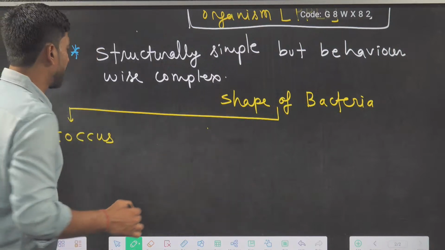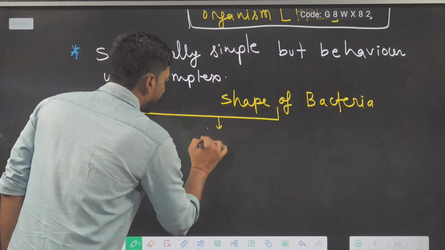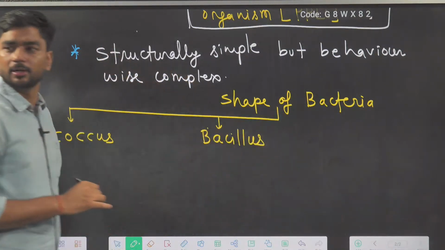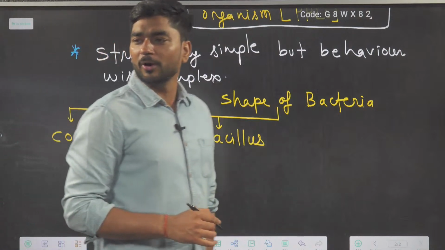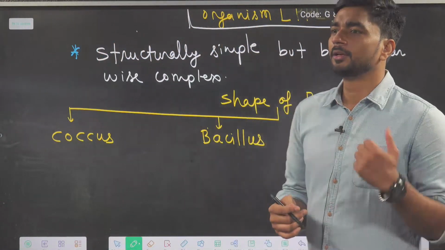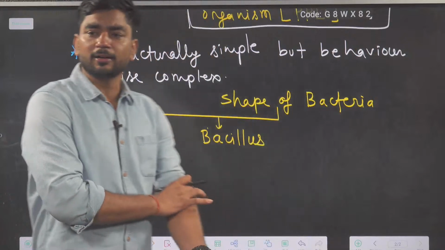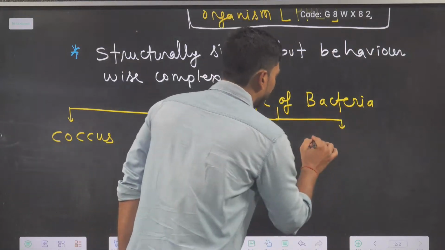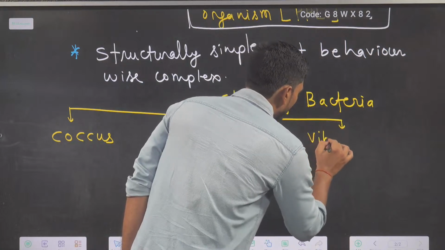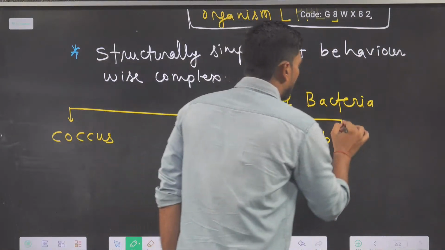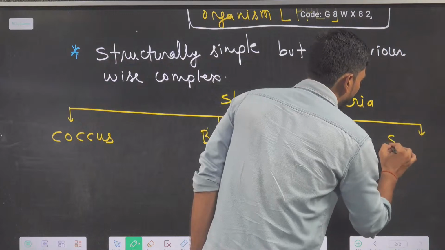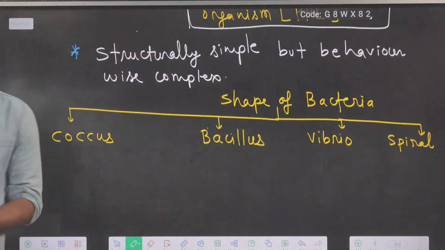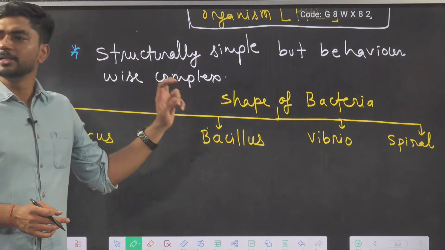Next one is bacillus. So one is coccus and one is bacillus. And next one, sometimes it is a vibrio. Other times we can say it's a spiral shaped, or we can say it's a spirillum.